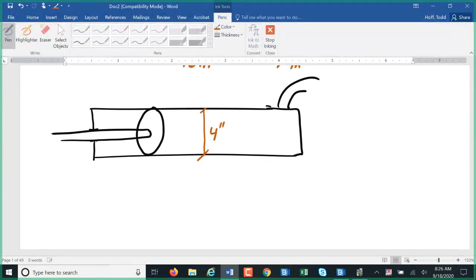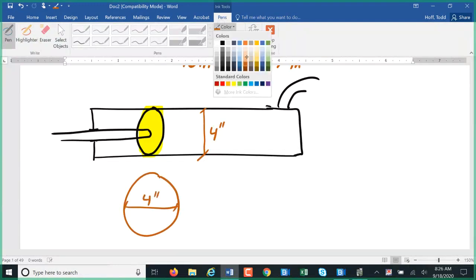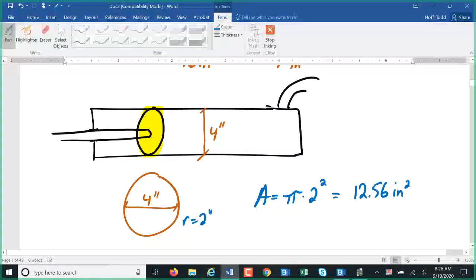So the area of this plate on the ram is the area of a 4-inch diameter circle. That means it has a radius of 2 inches. So the area is pi times 2 squared, which comes out to be 12.56 square inches.